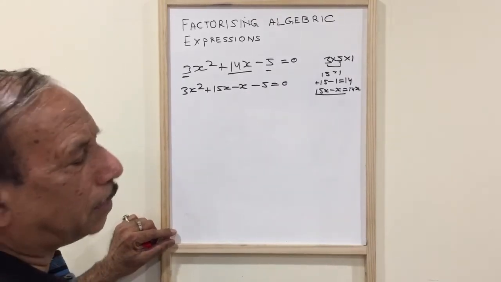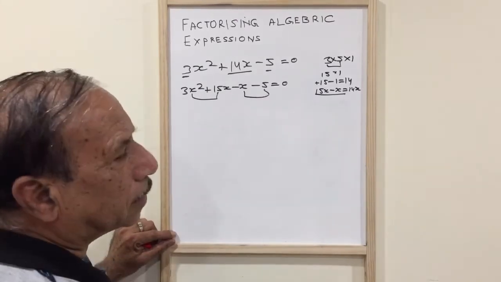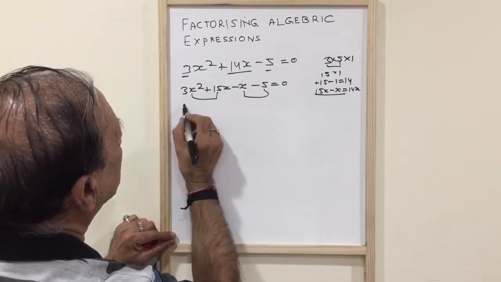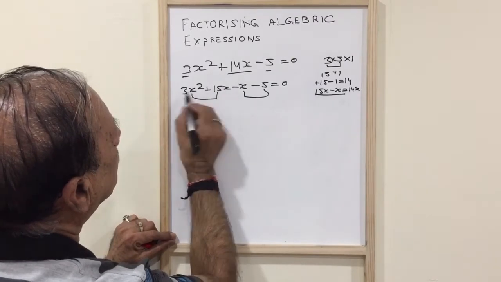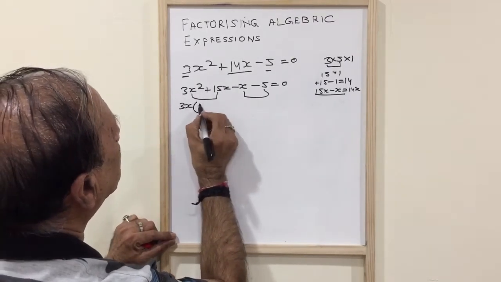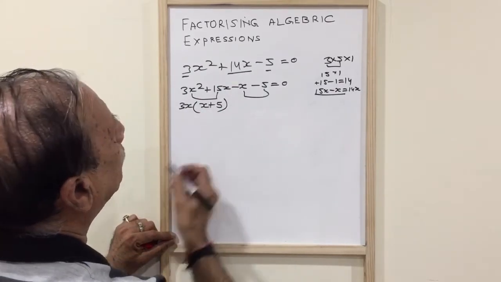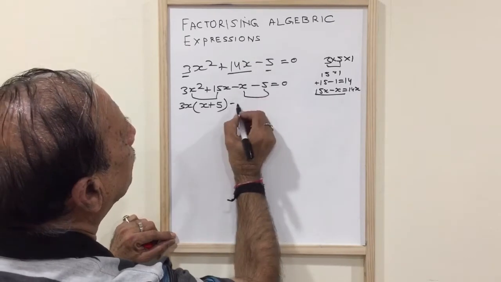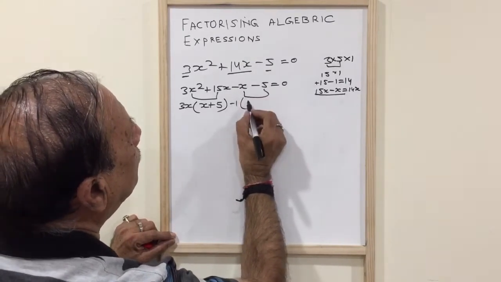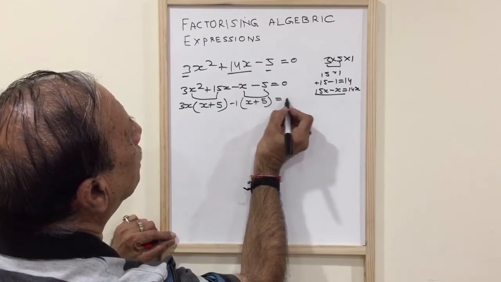In a similar way, we'll make two pairs, first and second. From the first pair, we can see 3 is common and x is common, so we will take out 3x as common. We are left with x and we are left with 5 here. And from this, minus 1 we can take as common, so it will be left with x plus 5 is equal to 0.